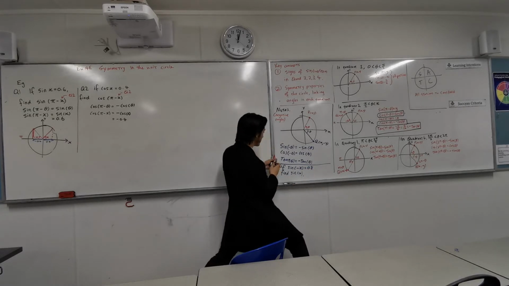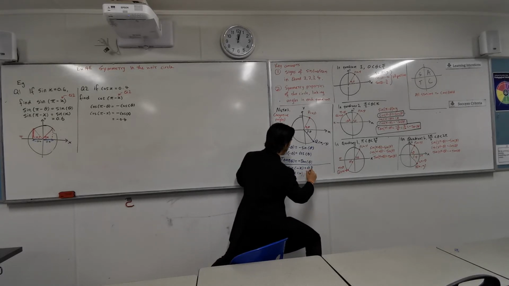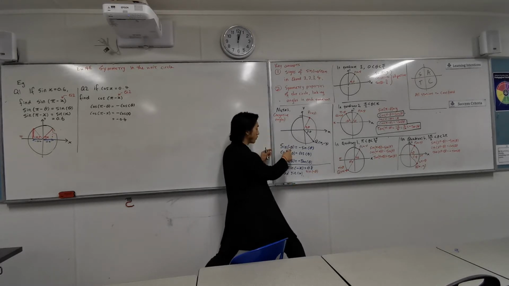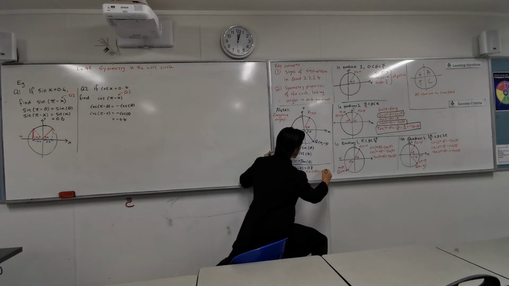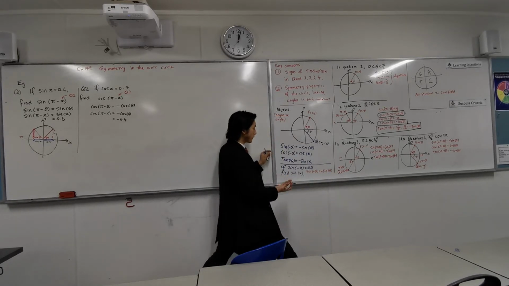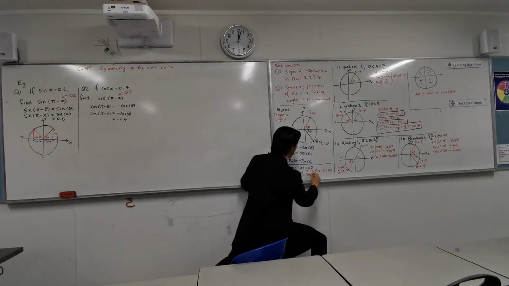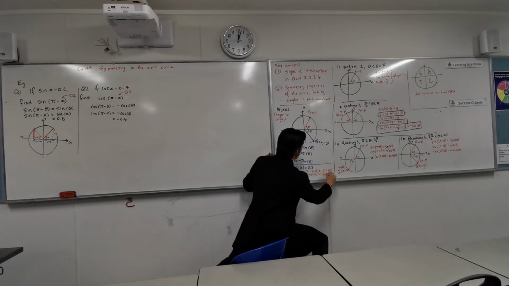So you'd write sine of negative theta, because theta is the general angle we have, has to be equal to negative sine of positive theta. Now in terms of our example, for our particular value x, sine of negative x is equal to negative sine of x.